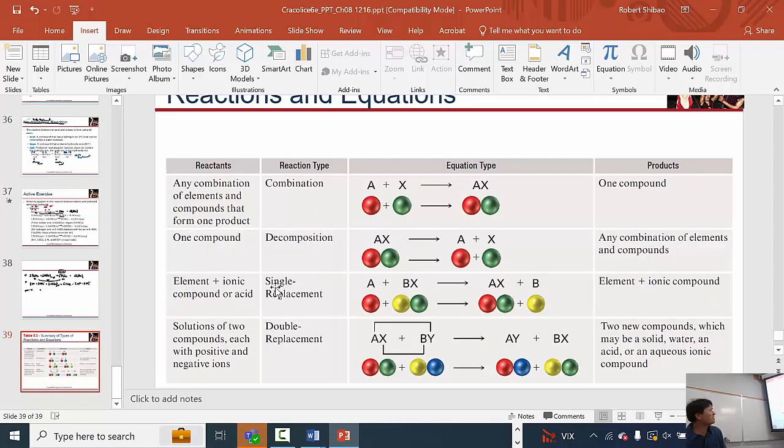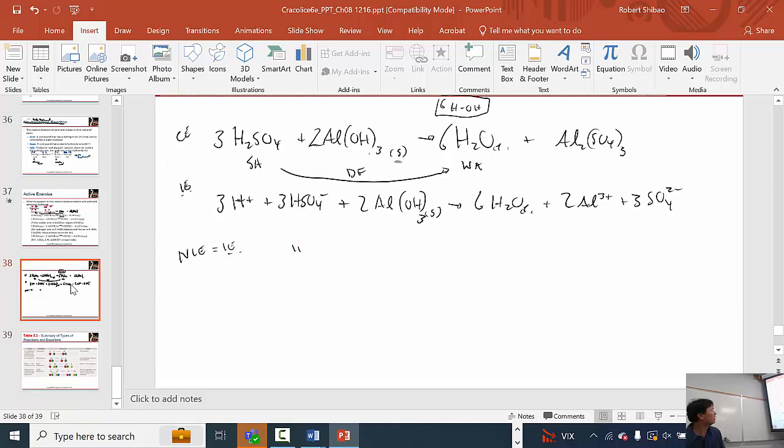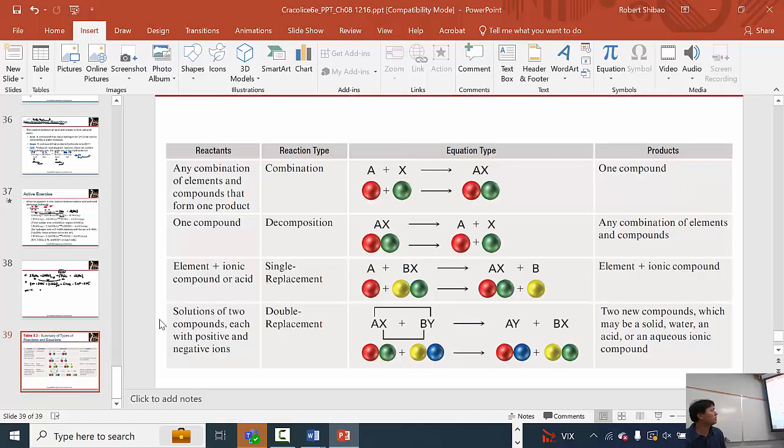So to summarize, this is from chapter 8. We had these combination, element plus element, decomposition. We had the single replacement. These first three are redox. And the first two are kind of the same. One's one direction, the other's the other direction. Then we had our double replacement.